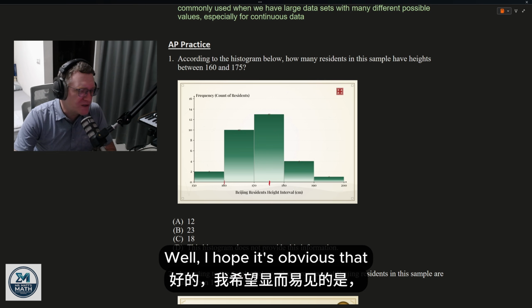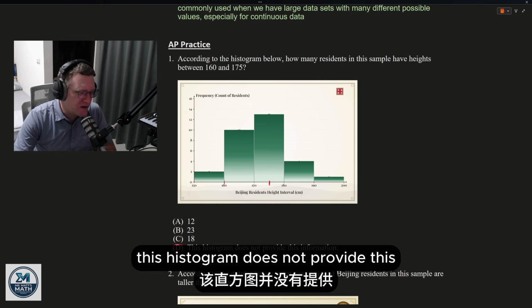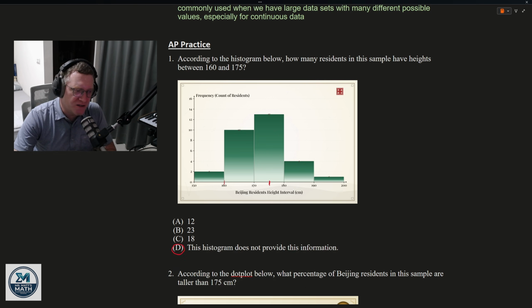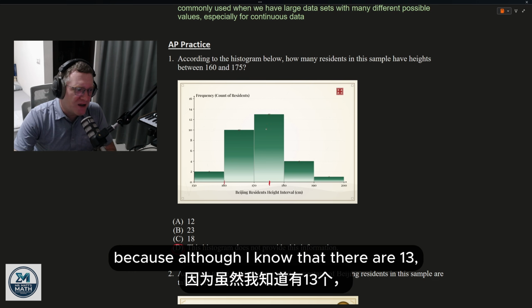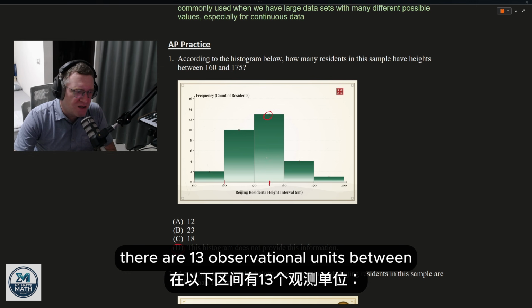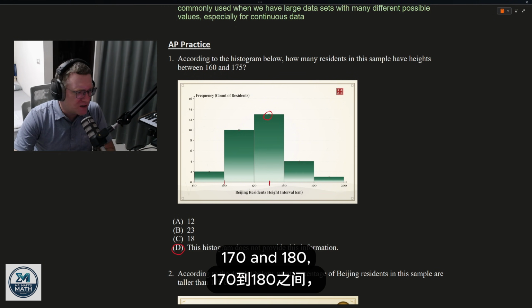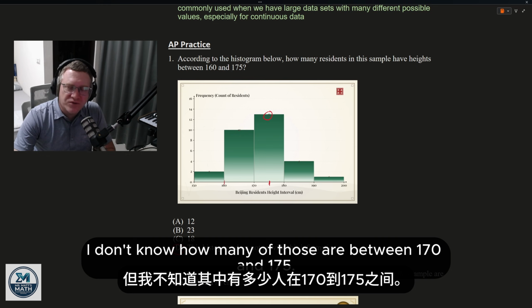Well, I hope it's obvious that this histogram does not provide this information, because although I know that there are 13 observational units between 170 and 180, I don't know how many of those are between 170 and 175.